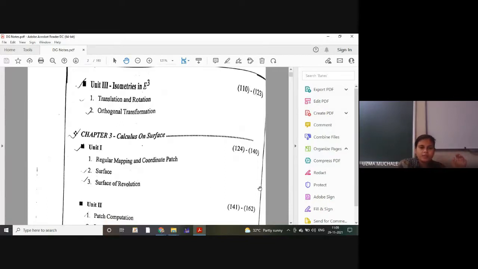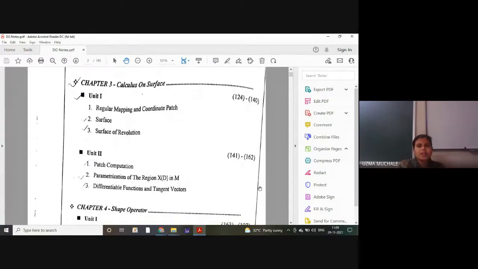Okay. Now we have the third unit. What is the third unit? Calculus on the surface. So let us see what is there in the calculus on a surface.